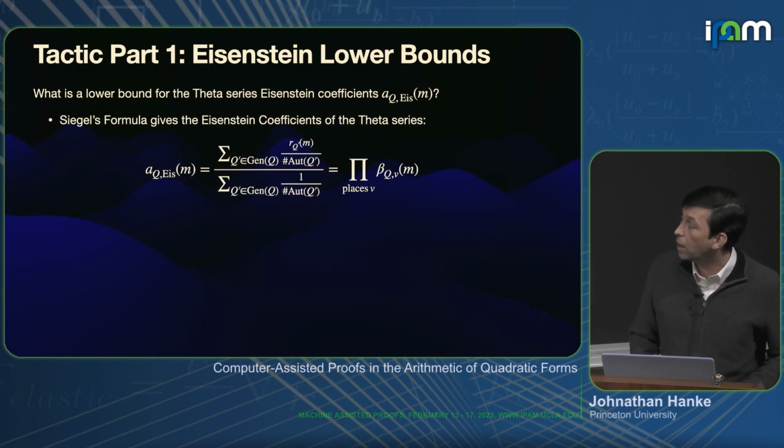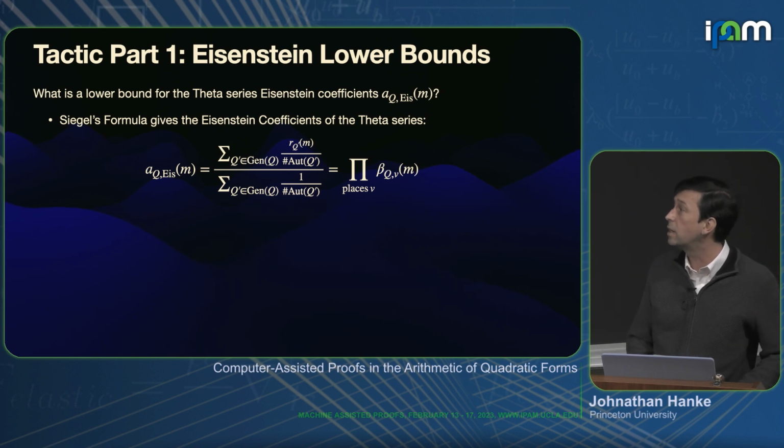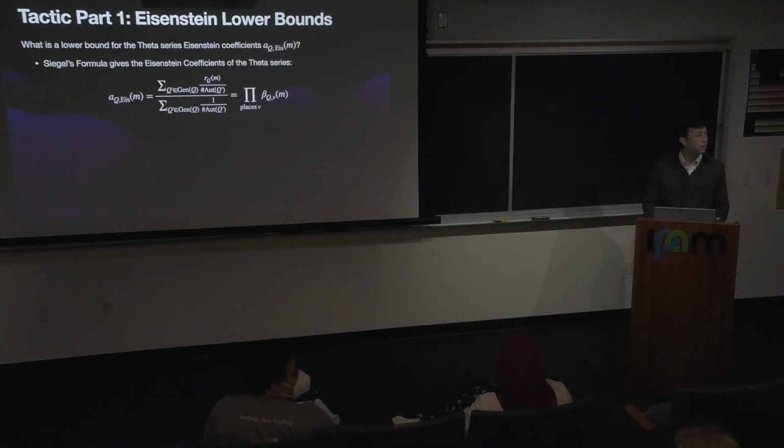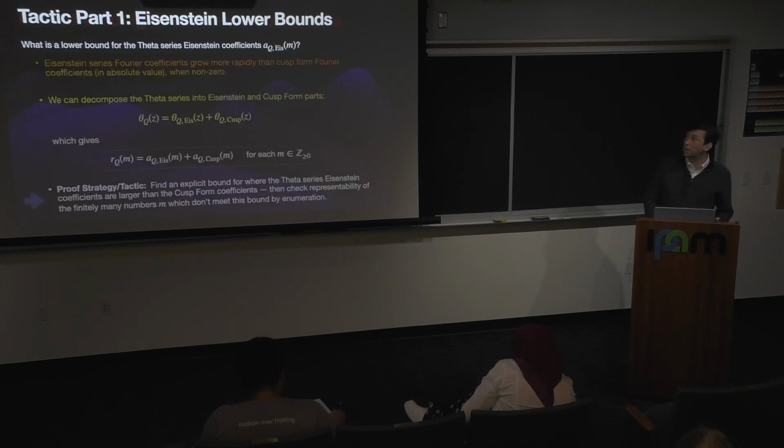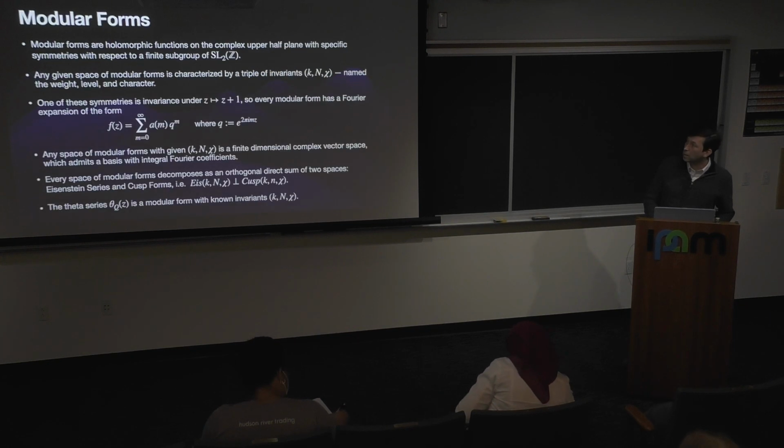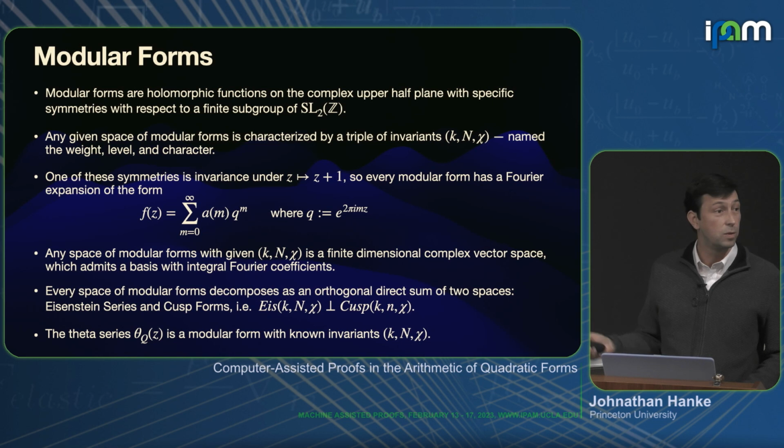Now, another amazing thing that Siegel did, he also worked in modular forms a lot. Yeah? So how is the dimension of the quadratic form reflected in theta series? The coefficient of the theta series is only the representation number, which doesn't have the correct dimension. It sort of does, right? Because the theta series lives in a space with certain symmetries, the space of modular forms with weight, level, and character.